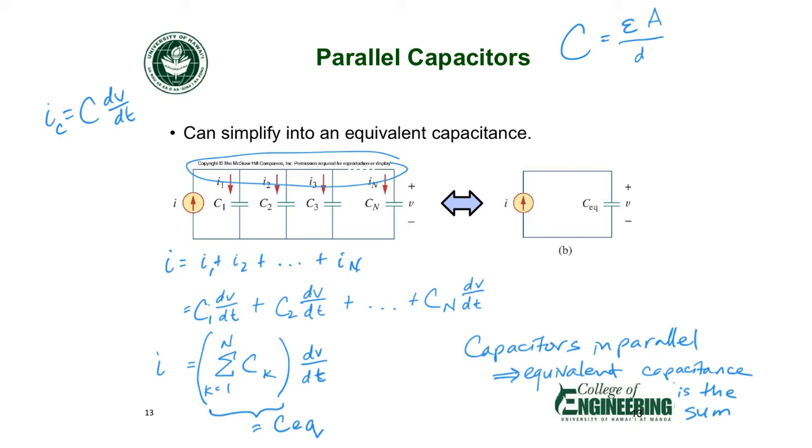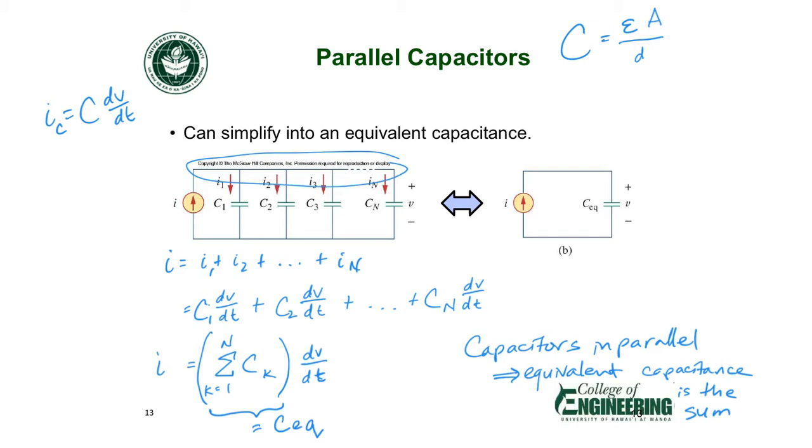Okay, so let's say all of these capacitors are the exact same. So they have the same size, same material between the plates. And I'm putting them all in parallel. What am I doing to this capacitor equation?